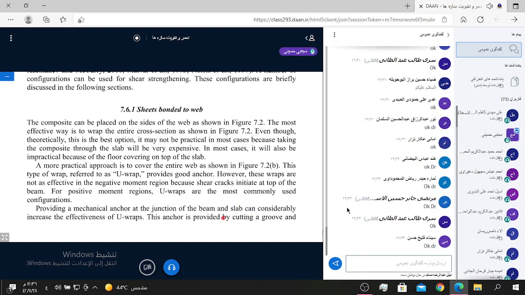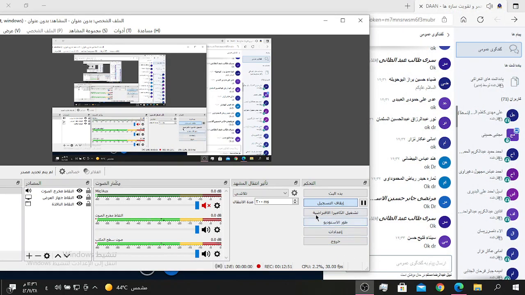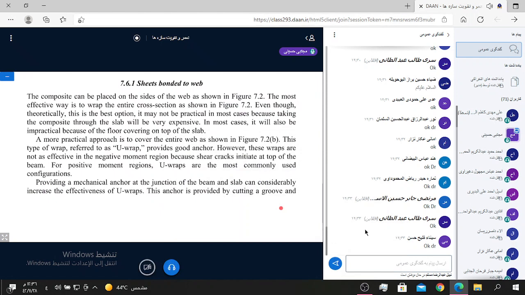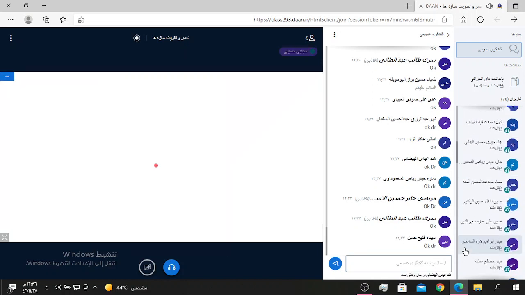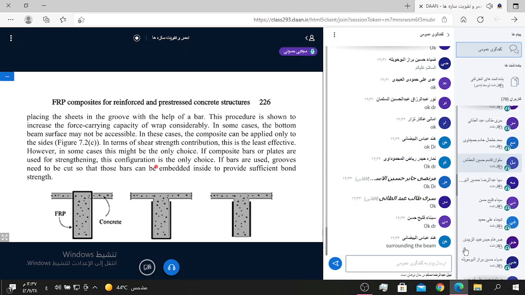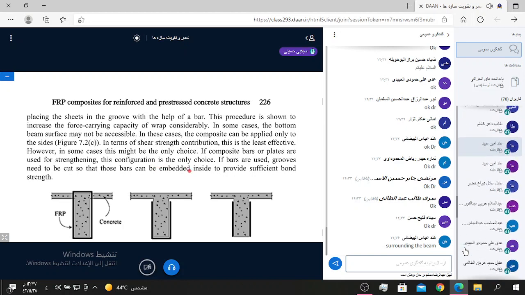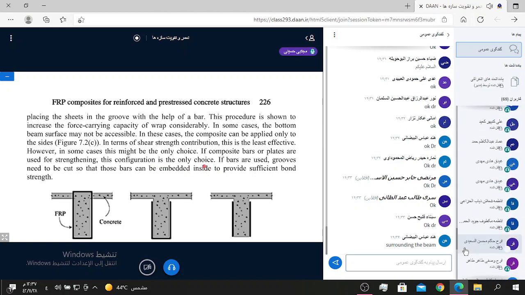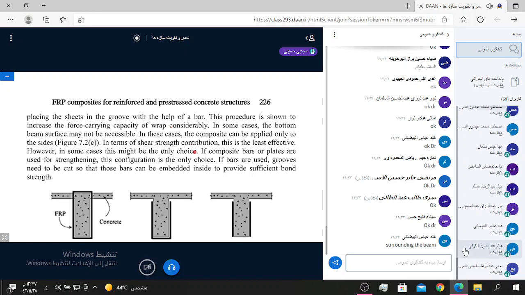This is very important, and providing a mechanical anchor at the junction of beam and slab can considerably raise the effectiveness of the wrap, and place sheets in a groove with an anchor bar.